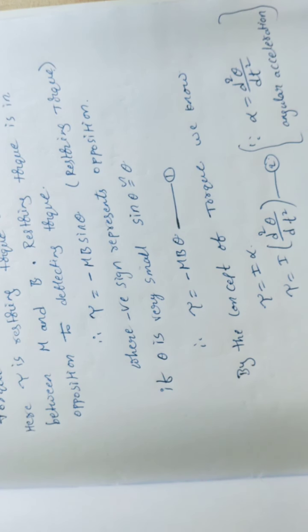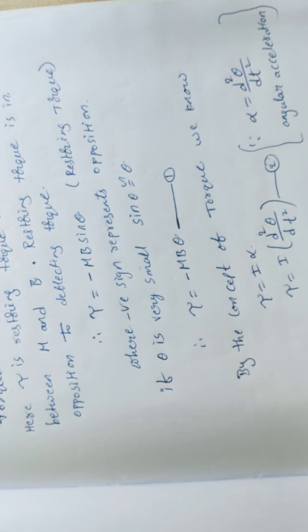One thing, students: previously, in the rotatory motion and system of particles chapter, we clearly explained one relation, that is the relation between moment of inertia and torque. Actually we know one fundamental formula, tau is equal to I alpha, where alpha is nothing but angular acceleration.